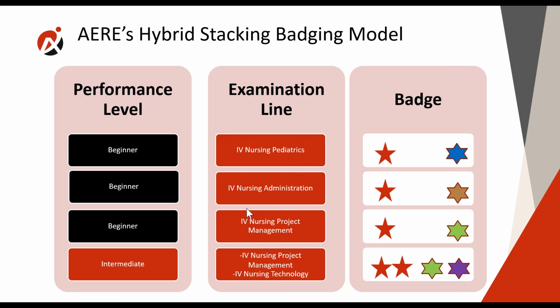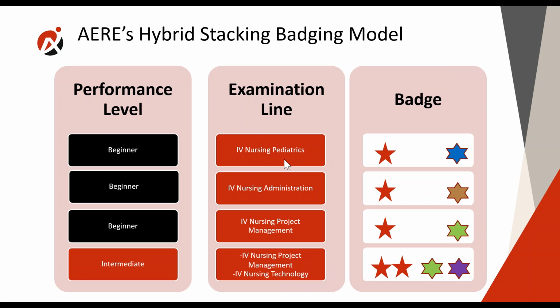So this is a hybrid model where you have the horizontal and the vertical essentially. So you could see that here, the performance level is, this is the vertical. These three are beginners and this is intermediate. This is for IV nursing. So if you were stacking IVs, you would have this here or that here.